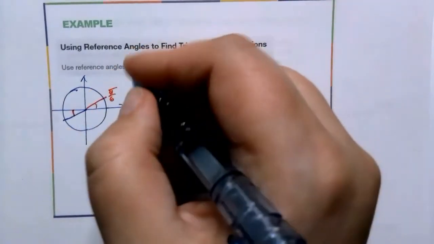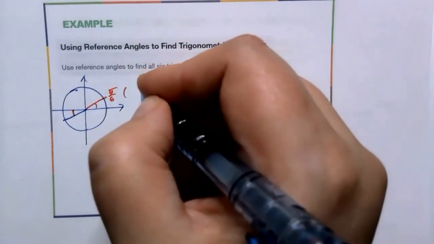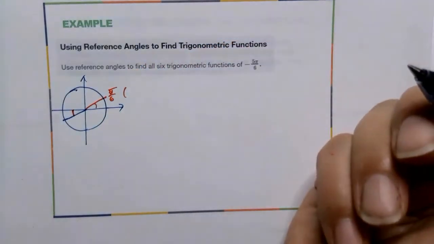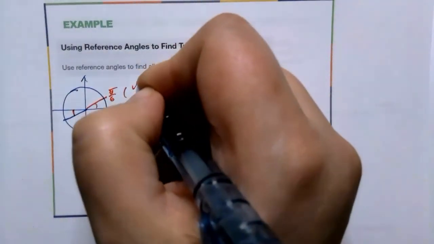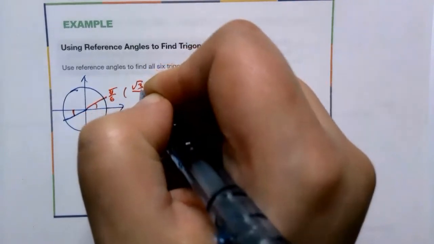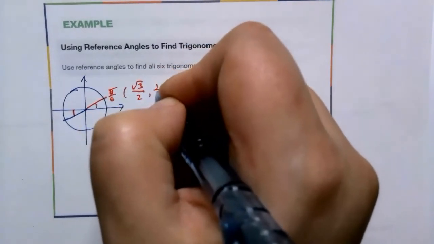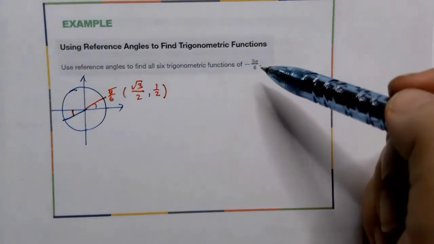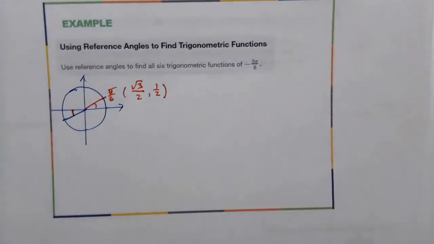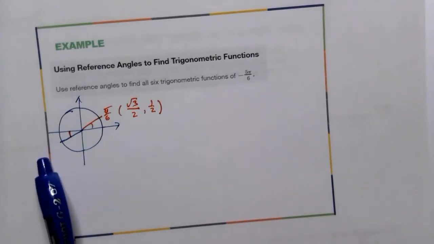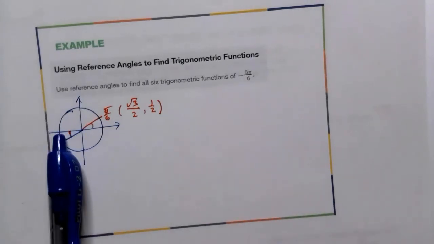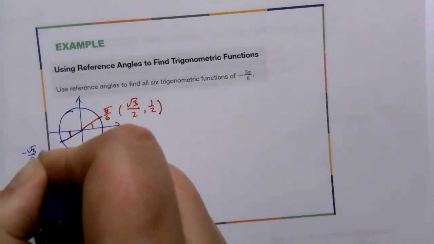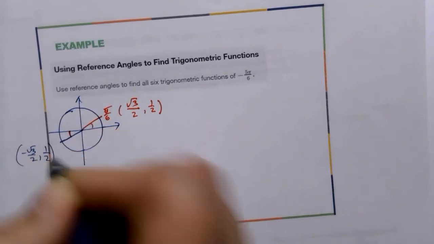So the angle is pi over 6, and what are the coordinates here? We have root of 3 over 2 and 1/2. Okay, so we can now use our reference angle, and my x value is negative, so it's negative root of 3 over 2 and a positive 1/2.